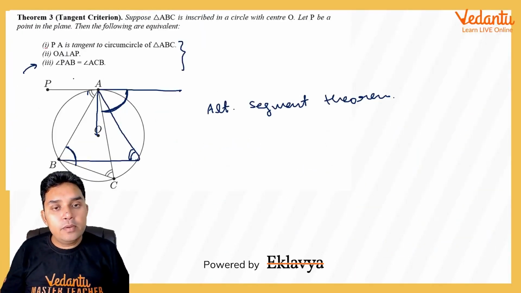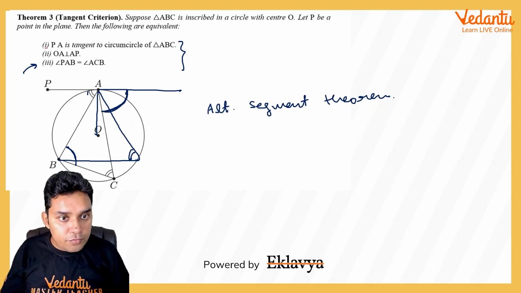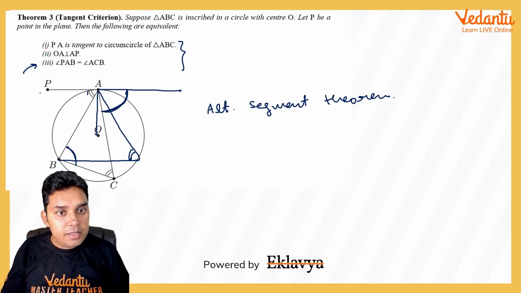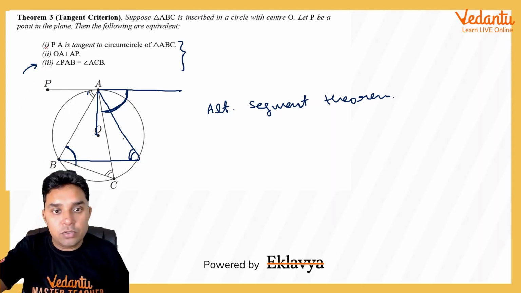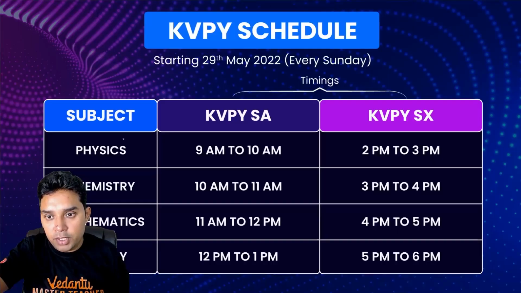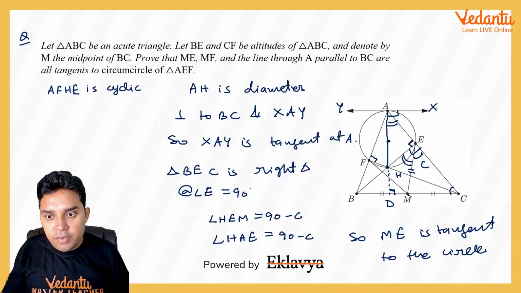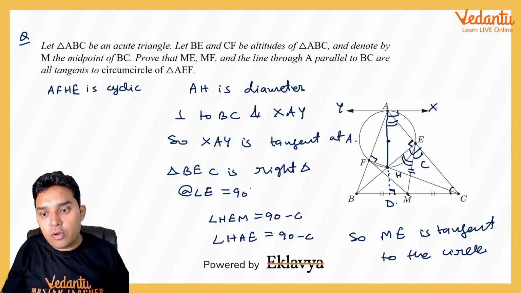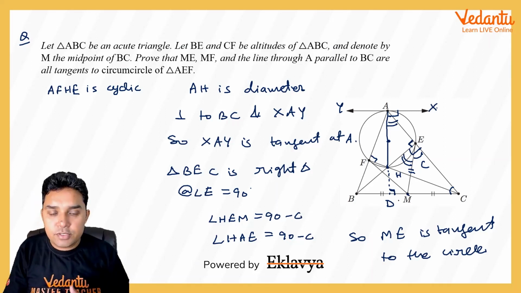Any three of them imply the other two. So if this angle PAB is equal to ACB, then PA will be tangent to the circumcircle of triangle ABC. So this is exactly what I've used here. Same way we can prove this MF will also be the tangent of the same circle.